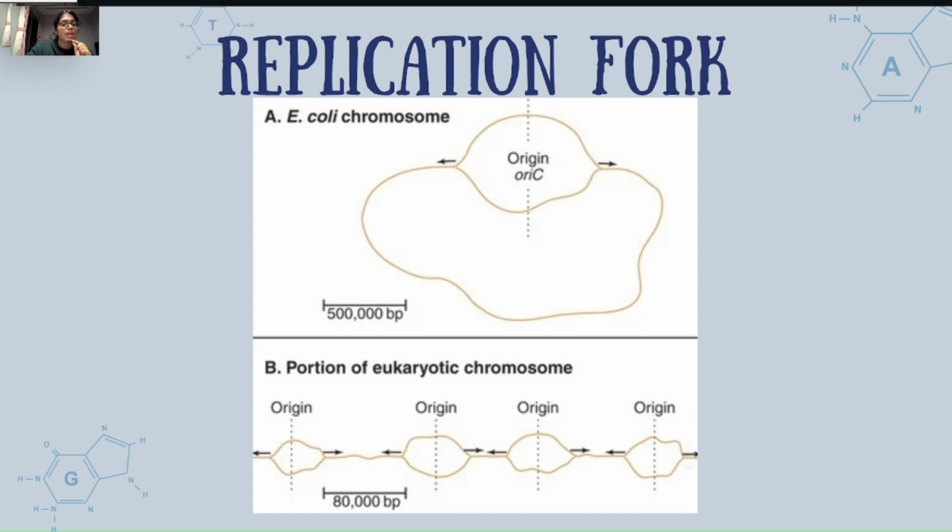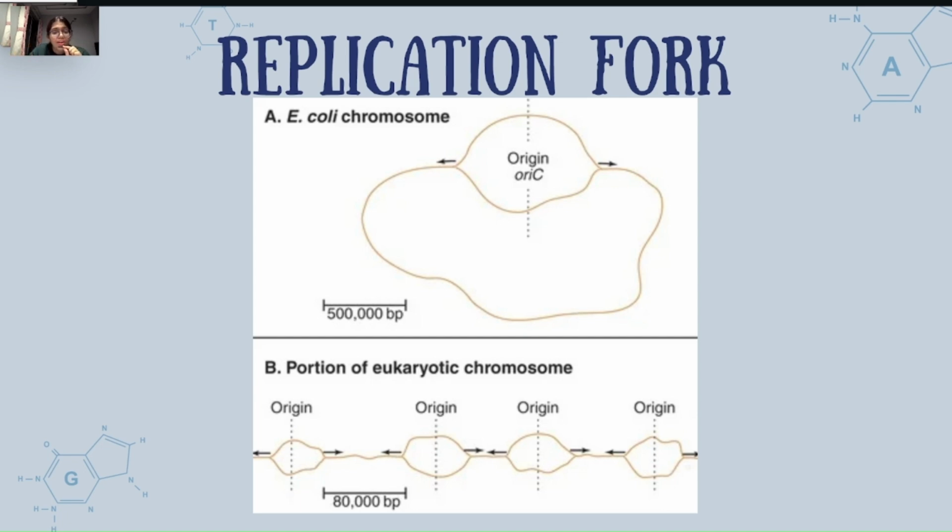In the prokaryote system, DNA replication begins at a single origin of replication on their circular chromosome, creating two replication forks that move bidirectionally to replicate the entire chromosome efficiently.